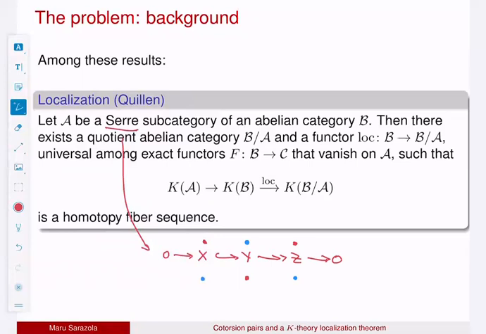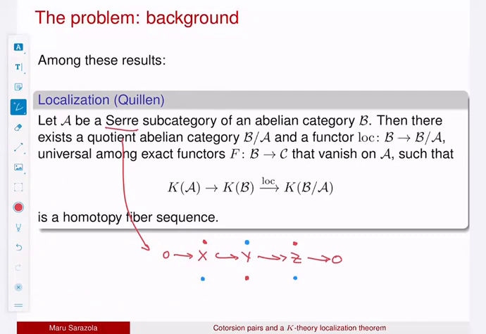But if we have a Serre subcategory of an abelian category B, then there exists a quotient abelian category and a functor that acts like a projection to the quotient, which is universal. And these three categories, A, B, and the quotient, fit into a homotopy fiber sequence.